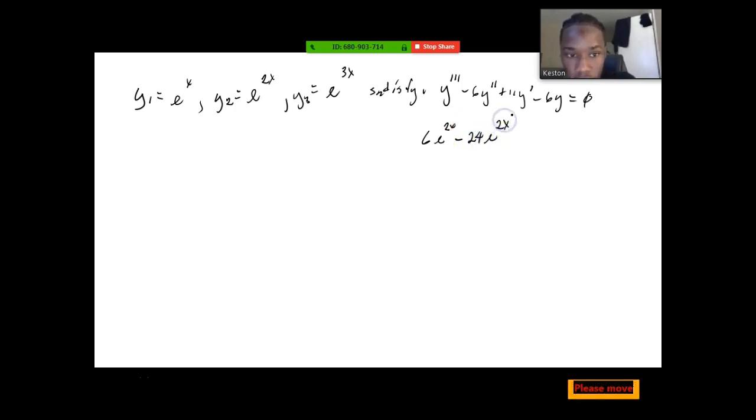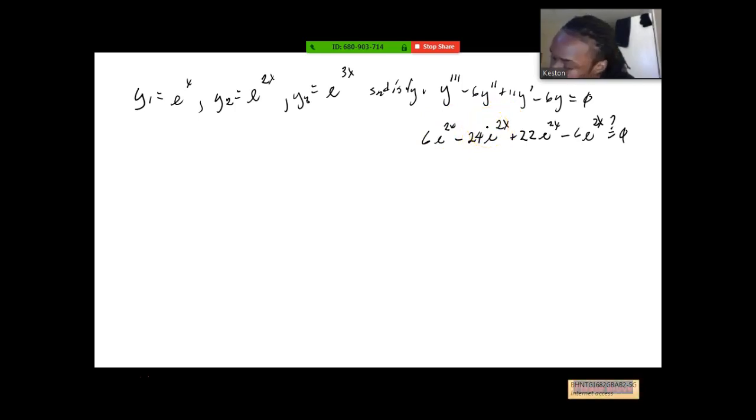The 2x's aren't going to bother us any. Plus 22e to the 2x minus 6e to the 2x. Is that equal to 0? Well, let's see. Add the positives together, and you get 28.